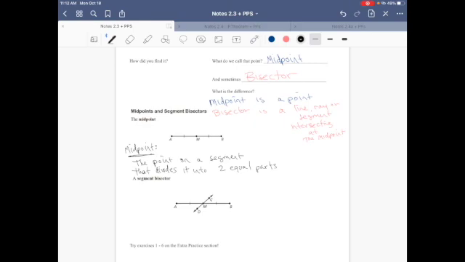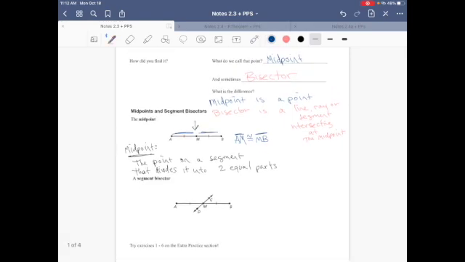So we know that if M is the midpoint, then I'll be able to say that this segment here, AM, is congruent to this segment here, MB. If that is true, then M is the midpoint, right? Because it'll divide it into two equal parts.